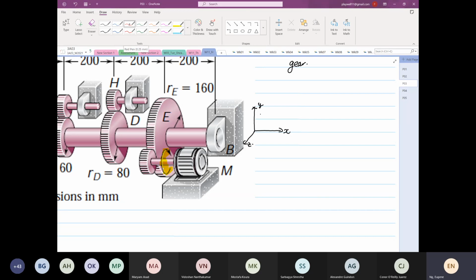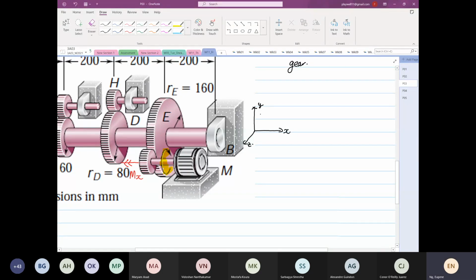I don't know whether you can see this color better, but this over here is your moment in X, sorry. So the moment in X we can see is negative, but don't worry about the negative.